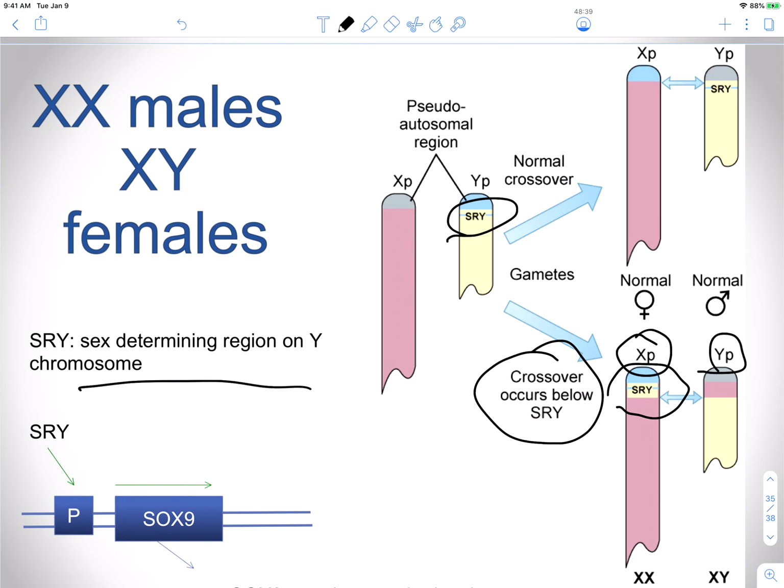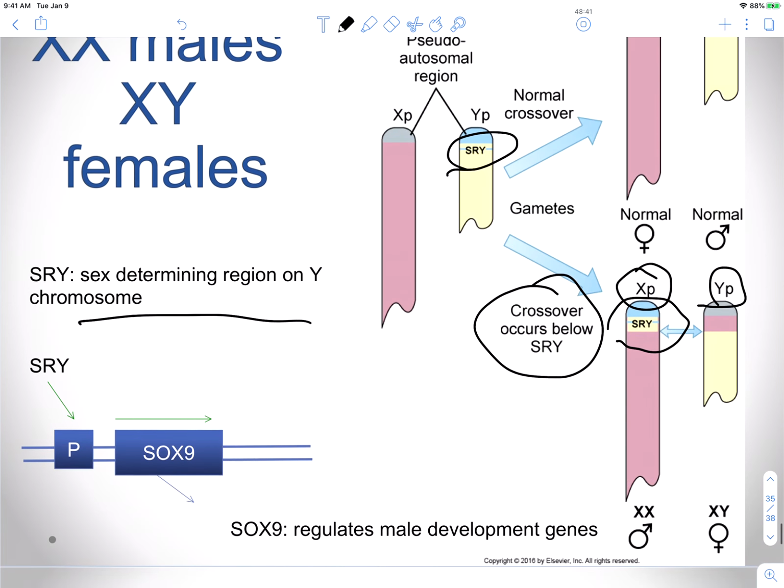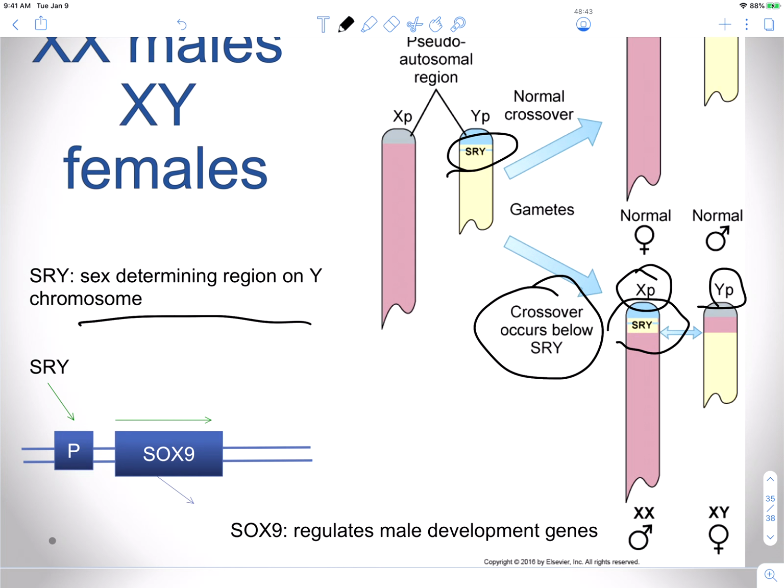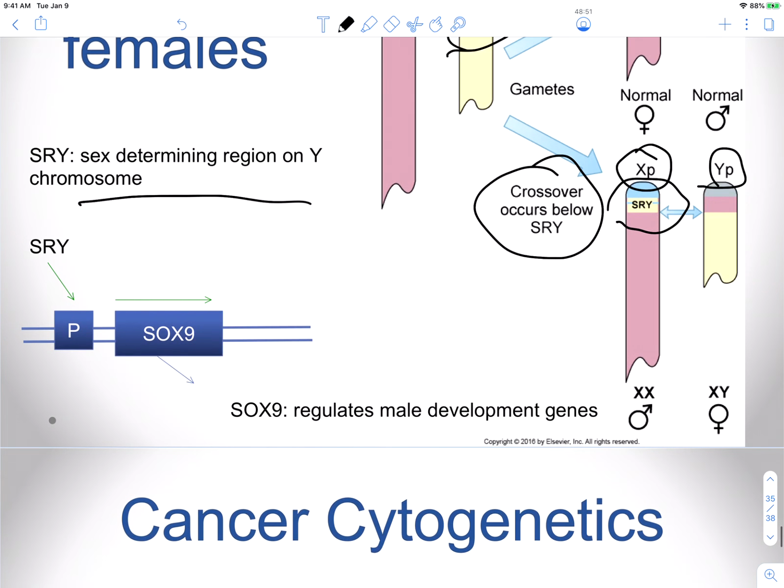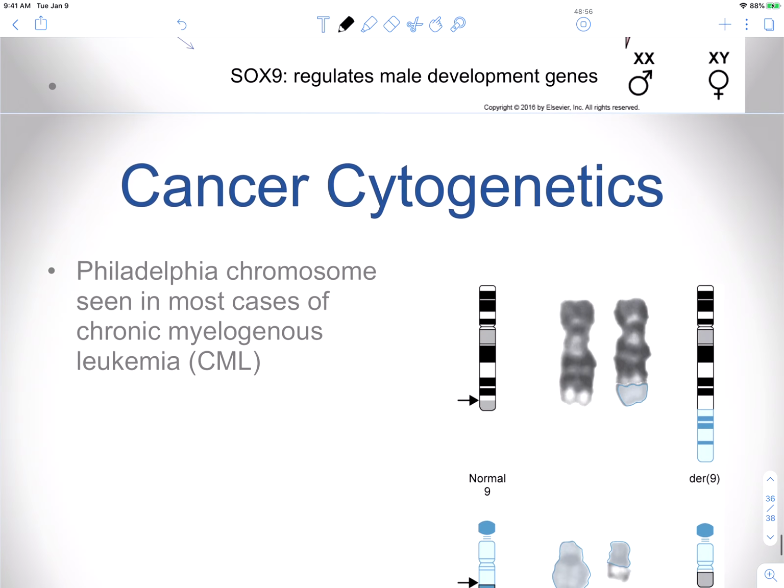So even though you look like a genetic female or genetic male, that SRY locus has shifted, and so it can drive expression of male genes in a female, and you lose those male genes in males.